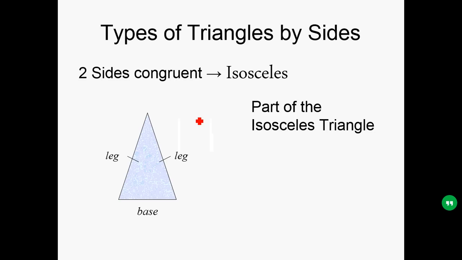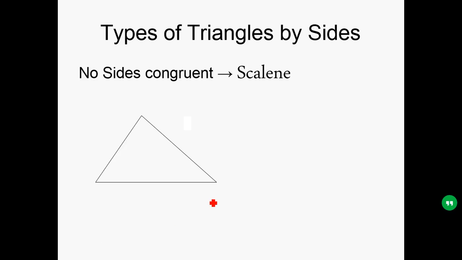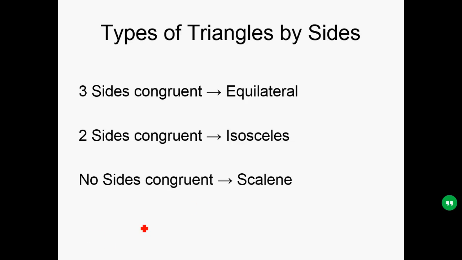When two sides are congruent, the triangle is known as isosceles. When no sides are congruent, the triangle is known as scalene. So types of triangles by sides: all congruent, equilateral; two congruent, isosceles; none congruent, scalene.